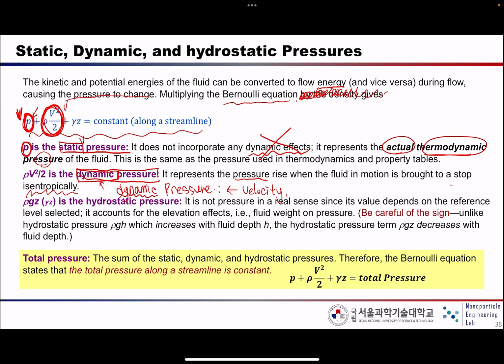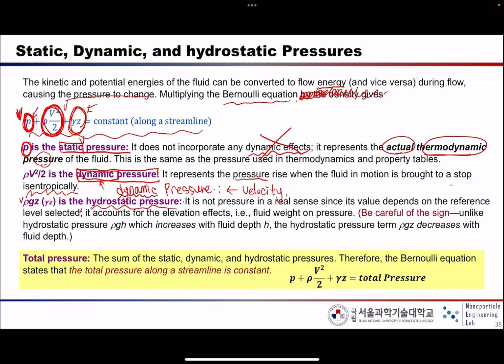And here, rho g z, the third term, we call the hydrostatic pressure. Basically this one is not the actual pressure, but it represents the reference level selected.